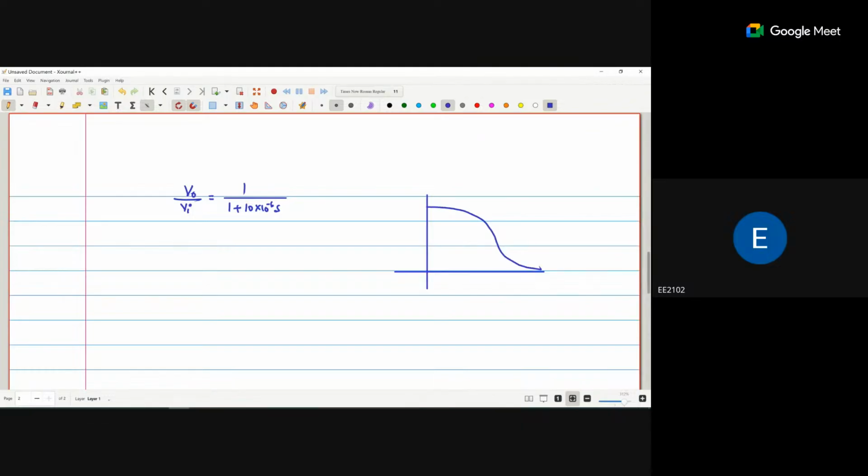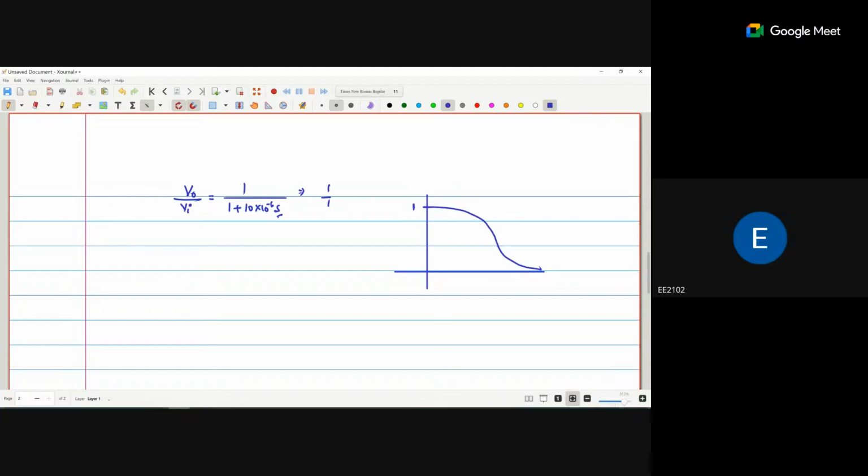Initially, if s is equal to 0, or basically frequency is 0, you get the maximum magnitude. S is 0, so this is 1 upon 1. So the maximum magnitude is 1.